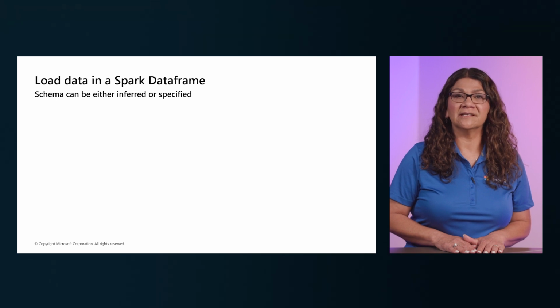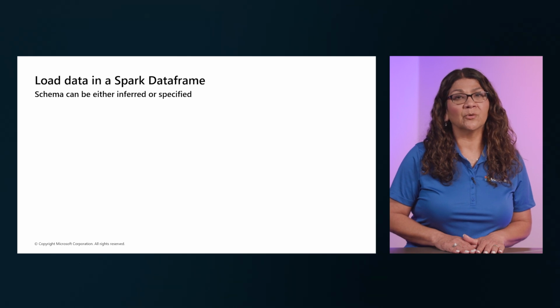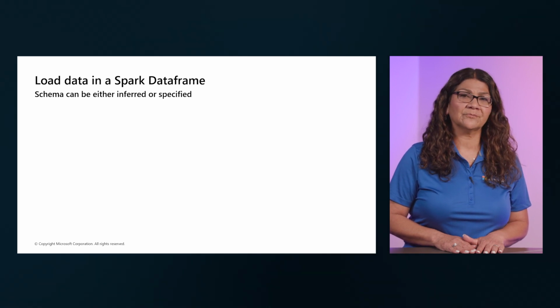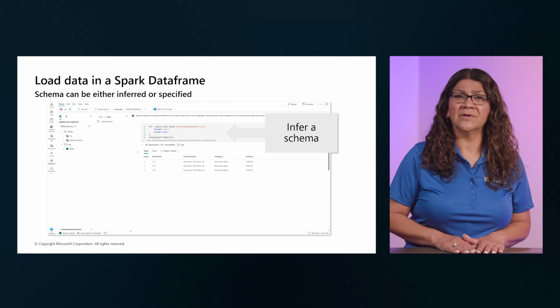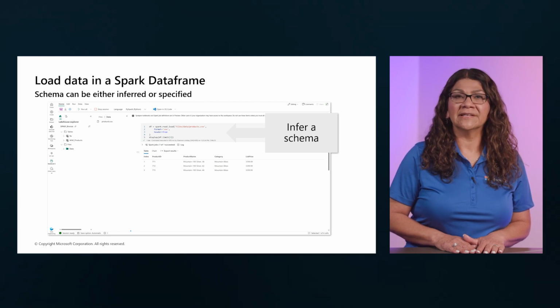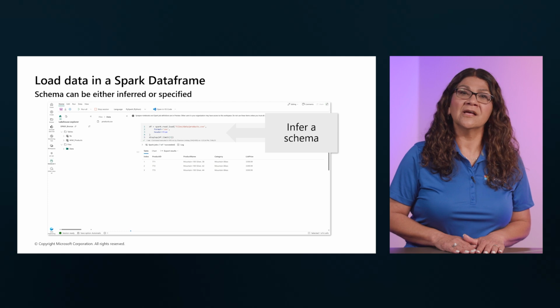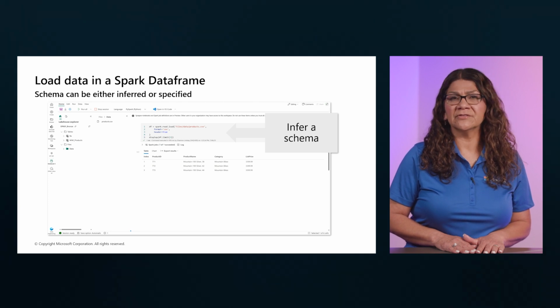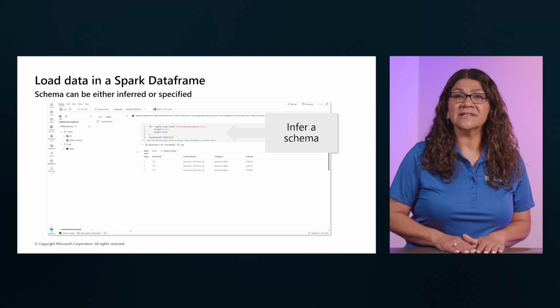When you load data in a Spark data frame, your schema can either be inferred or explicit. Suppose you have a comma-delimited text file named products.csv, which is a very common format. Notice that it has a header row, which includes the column names product ID, product name, category, and list price. Notice, too, that there are 3 records, each starting with a unique number, 771, 772, 773.